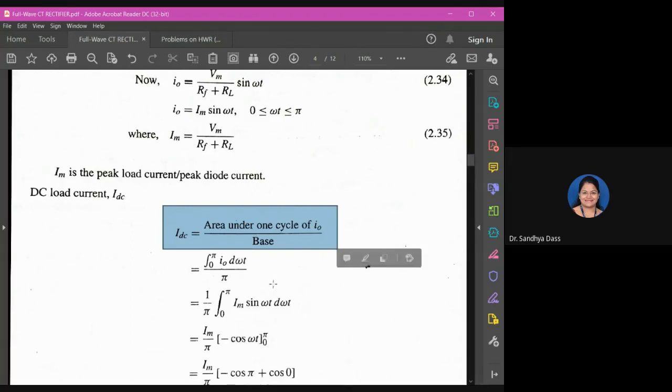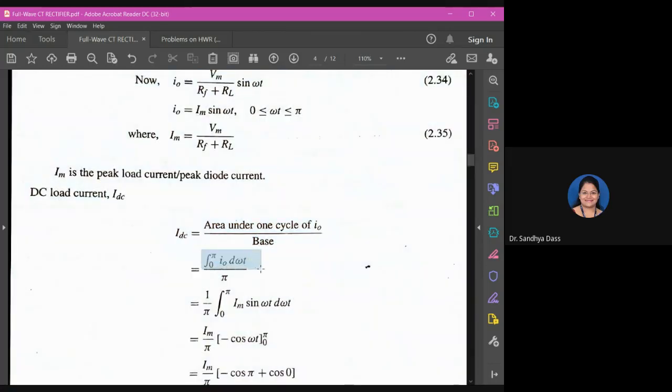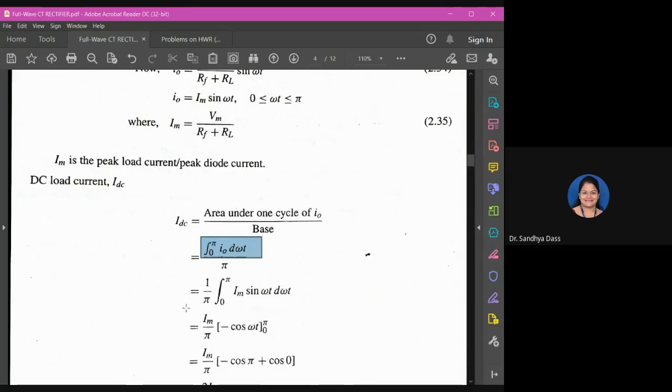This is the difference between half wave rectifier and full wave rectifier. Here you will be taking the area under one cycle of the current by the base, and the base here you will take for half cycle, that is 0 to pi. Okay. So you will have integration of the current between 0 to pi, divided by the base, which is pi minus 0, that is pi, right?